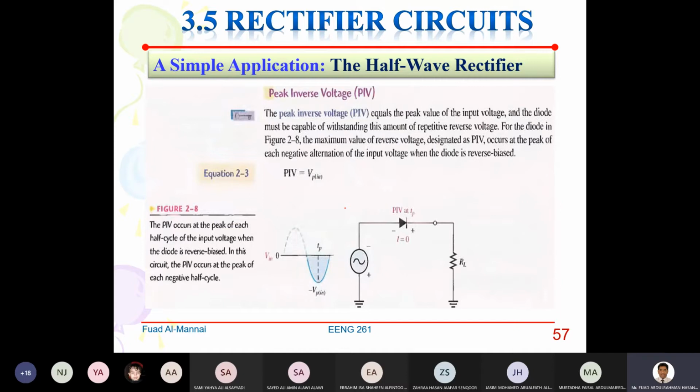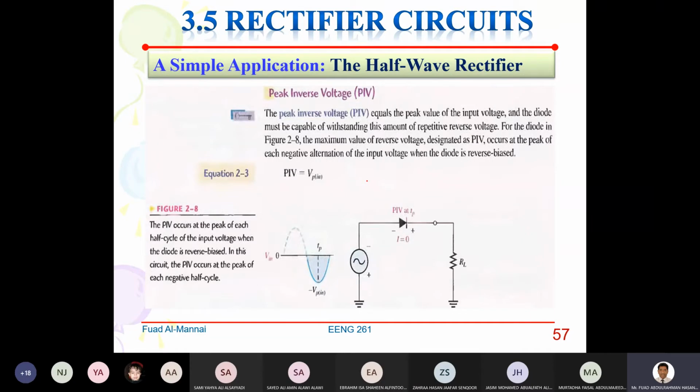Okay. Peak inverse voltage. This is very important. The peak inverse voltage, PIV, equals the peak value of the input voltage. And the diode must be capable of withstanding this amount of repetitive reverse voltage.